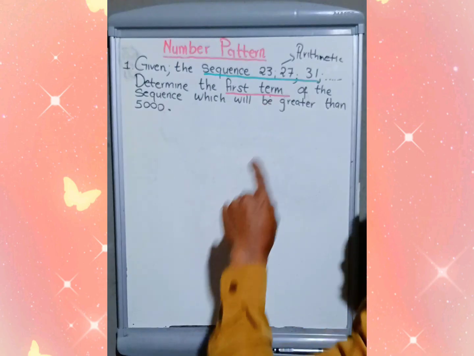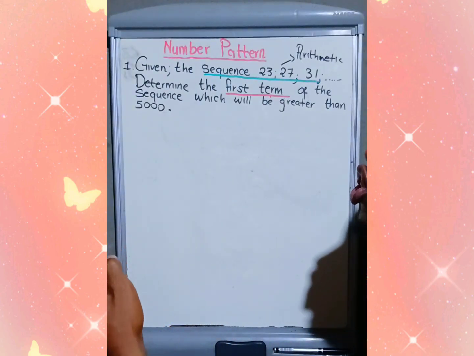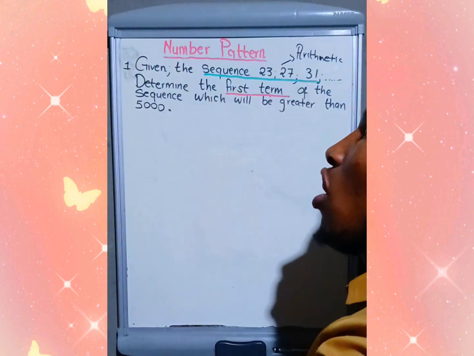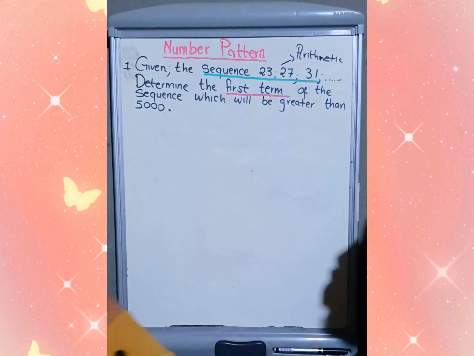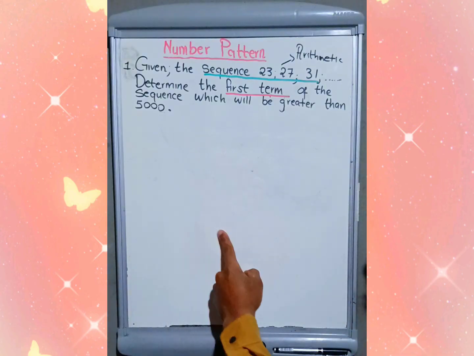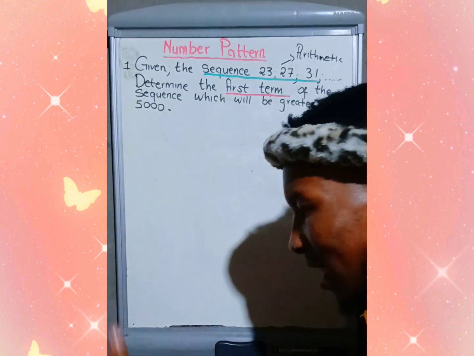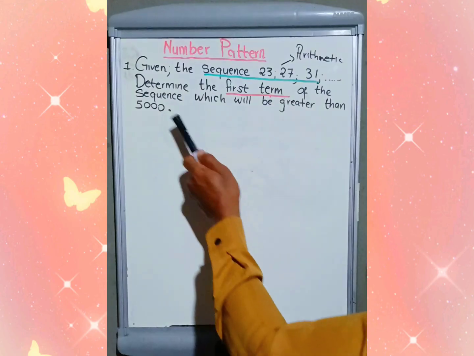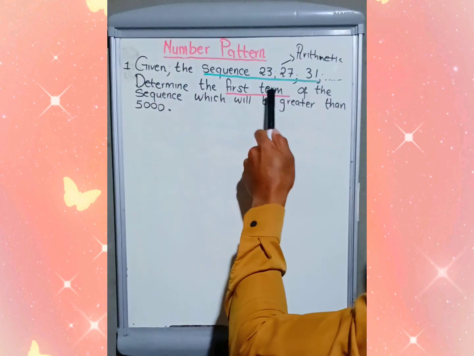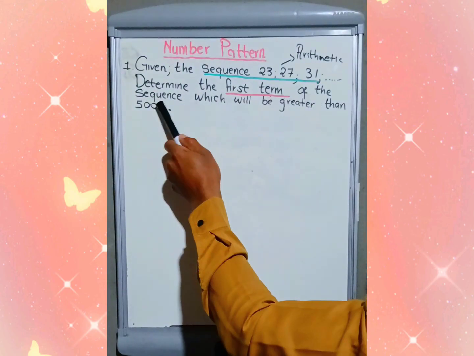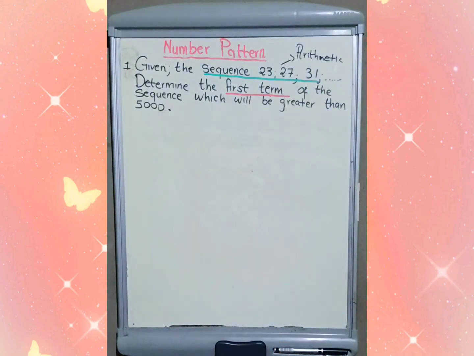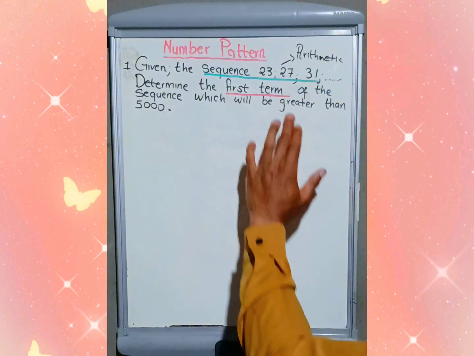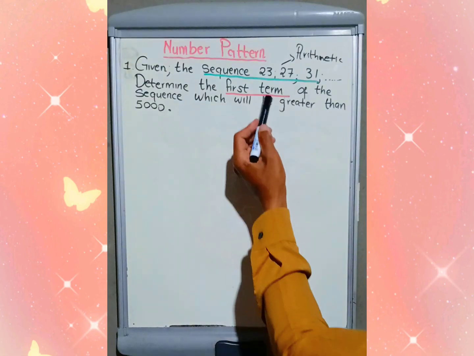That means this question is based on knowing the position of that term first, because you cannot find that term if you don't know its position. The question comes: determine the first term of the sequence which will be greater than 5,000.